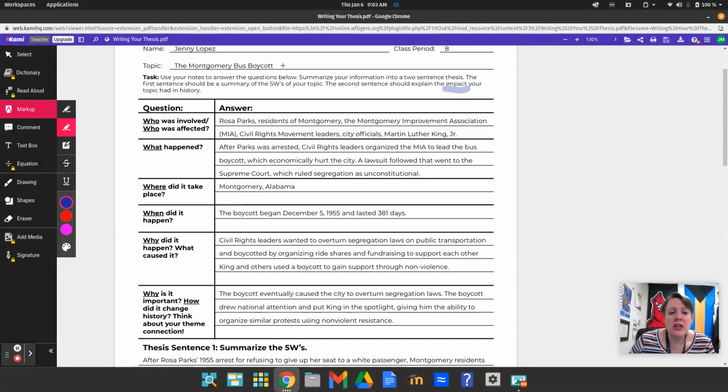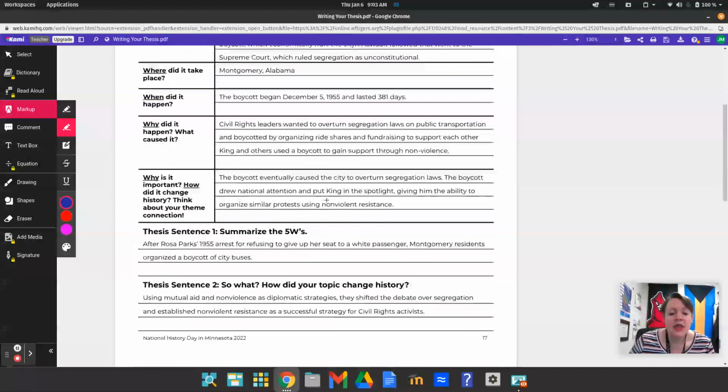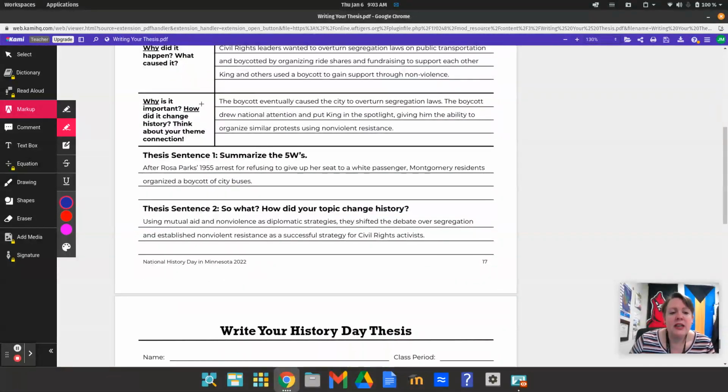Why is it important? Because this event caused the city to overturn segregation laws, which is a huge impact. It drew national attention and put Martin Luther King Jr. in the spotlight. This was a moment in time where this event led to other events to protest segregation laws using nonviolent resistance.